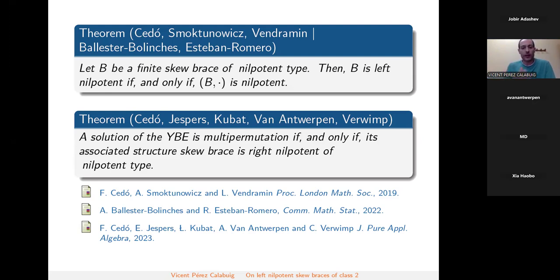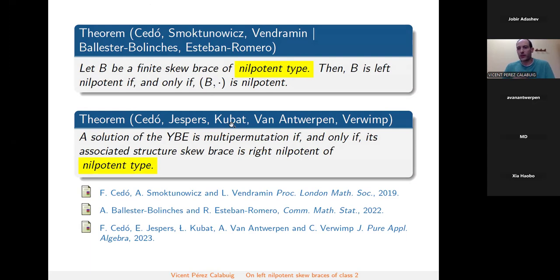So we have the following result of Jespers, Kubat, Van Antwerpen, and Vendramin, showing that a solution of the Yang-Baxter equation is multipermutation if and only if the associated structure skew brace is right nilpotent of nilpotent type. Okay, so I would like to remark the nilpotent type hypothesis in both results.